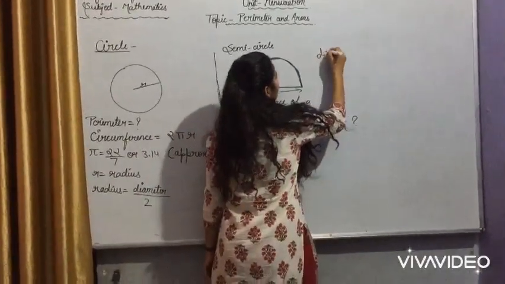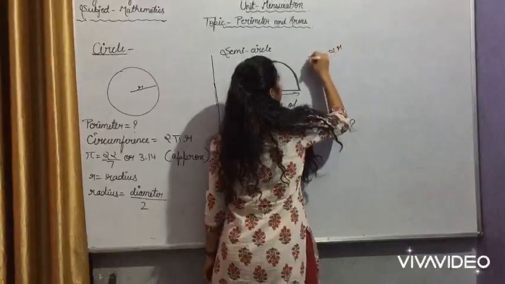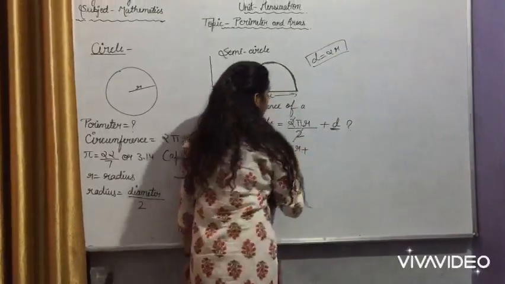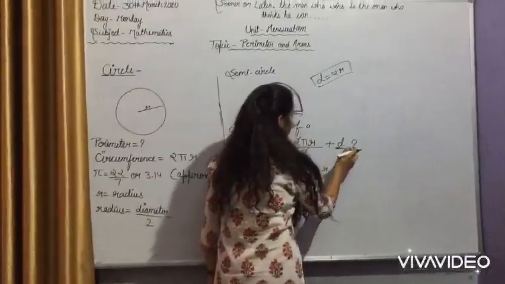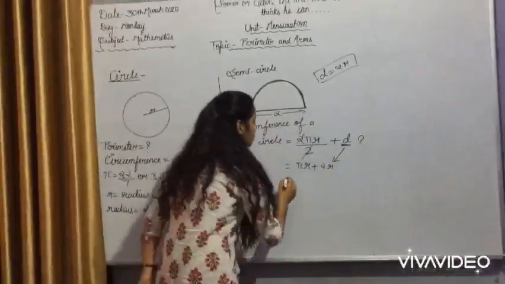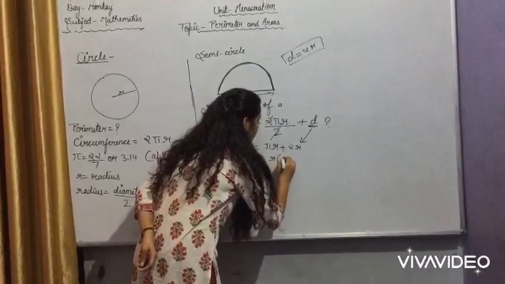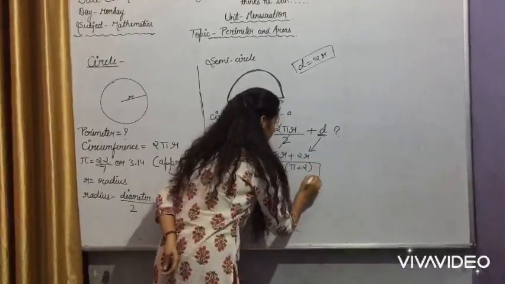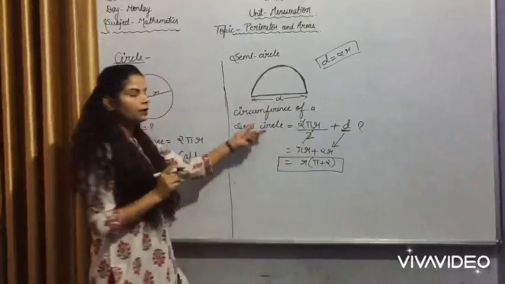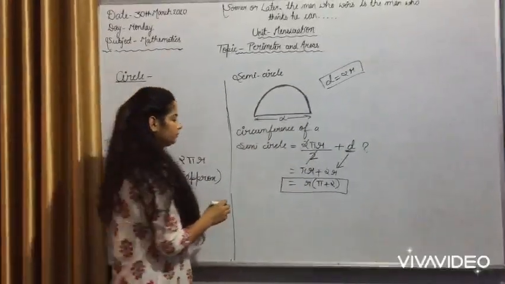We already know the fact that diameter is equal to twice r. So pi r plus 2r. Why 2r? We are writing this d as 2r. Taking r common, pi plus 2. This is our formula for the circumference of a semicircle.